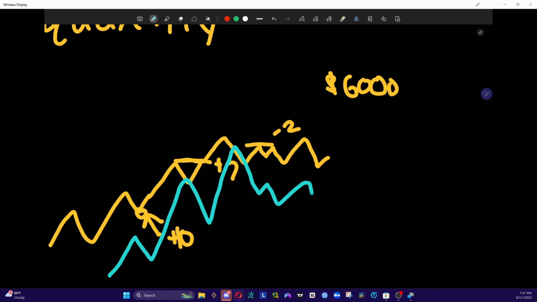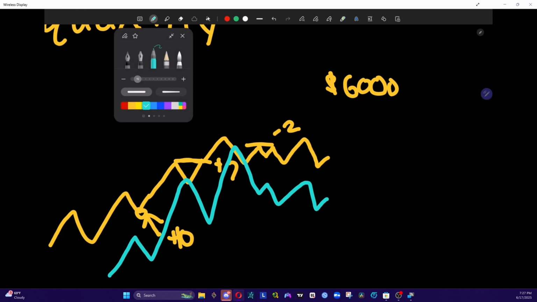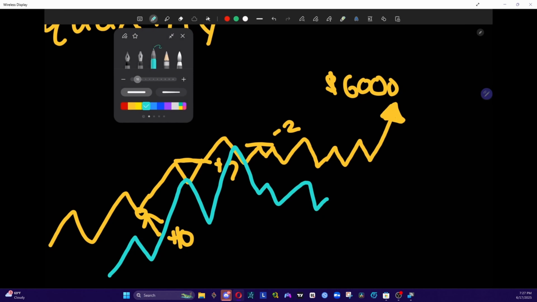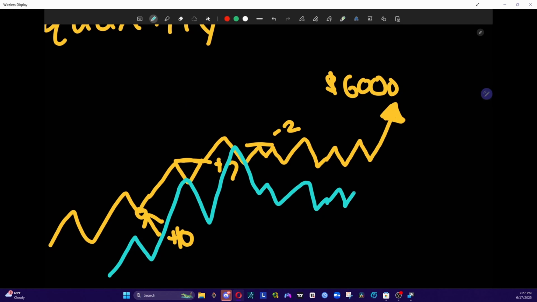Right? But the second it goes from consolidating to breaking out, and it gets closer to the strike that you bought the contract for, and you've seen this on SPX especially, versus QQQ or SPY, your contracts will literally balloon like this.